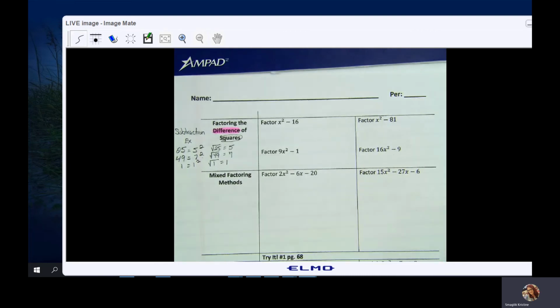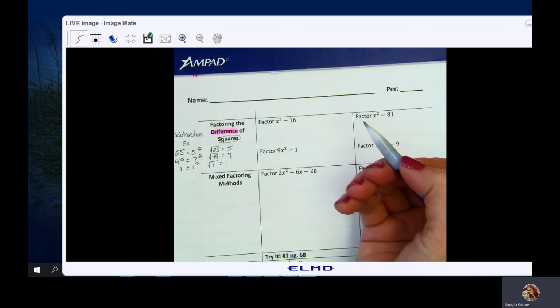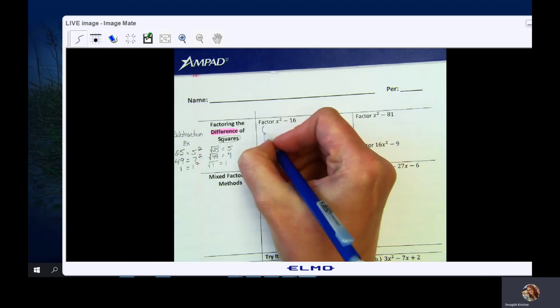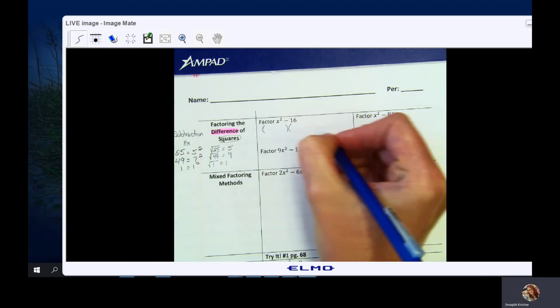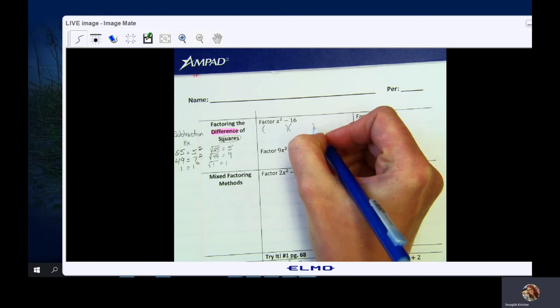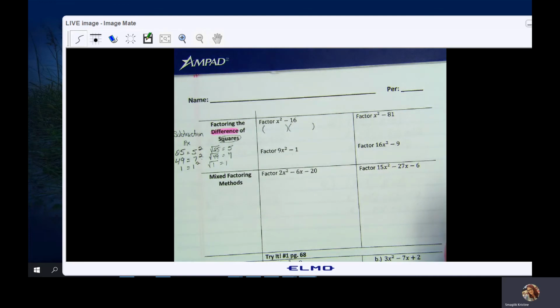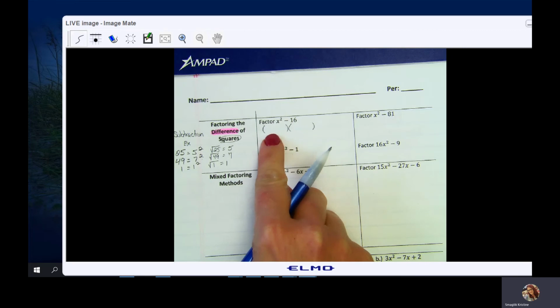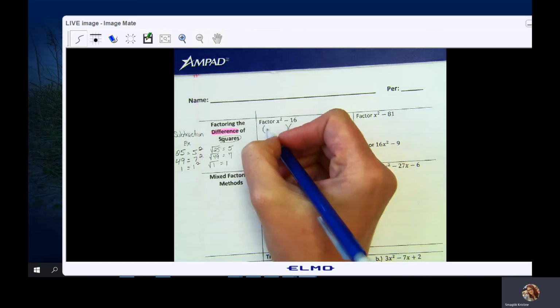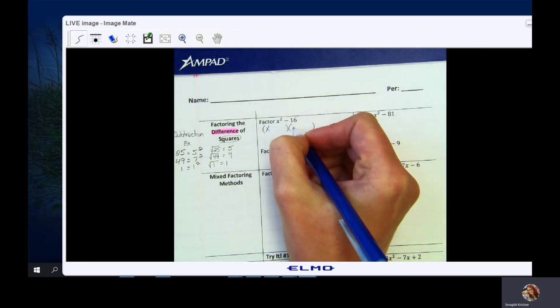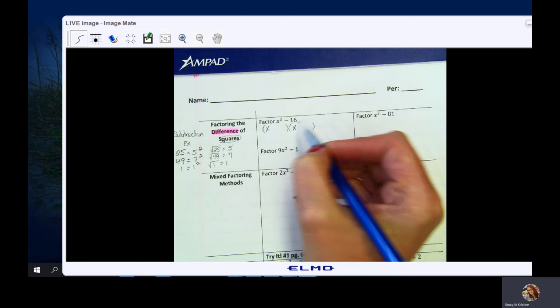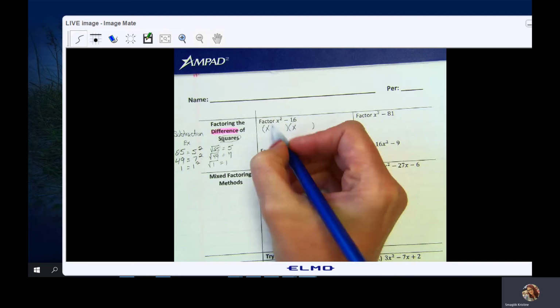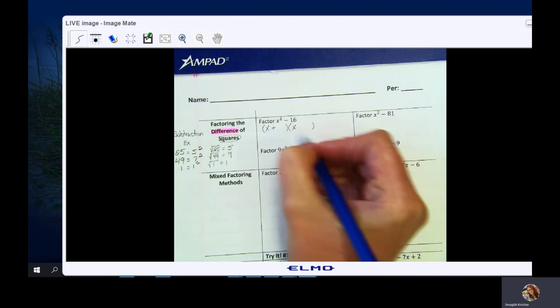So here we have x squared minus 16. From what we've already learned, you know you're going to have a double set of parentheses. It's going to be the product of two binomials. I put my x's in because I have an x squared first. And if my C value is negative, I know my signs are opposite.